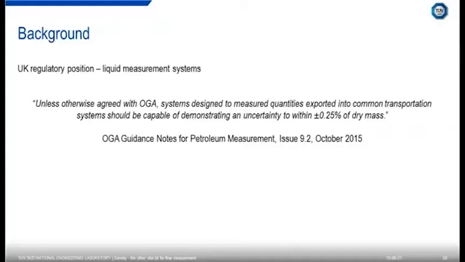The UK regulatory position for liquid density measurement, for liquid measurement systems, is stated here and has a requirement that the measurement system has an uncertainty of plus or minus 0.25% of dry mass for quantities exported into common transportation systems, pipelines, shared pipelines. That's from the most recent Oil and Gas Authority guidance notes.